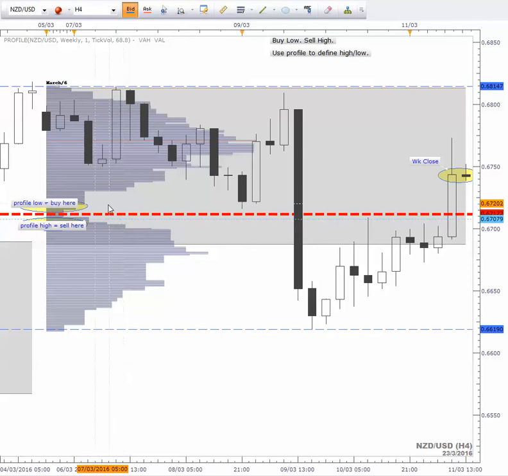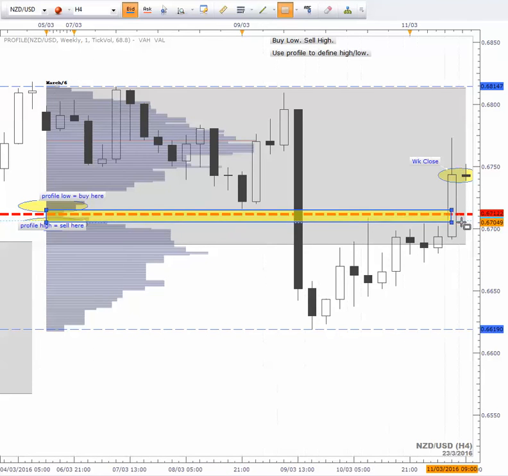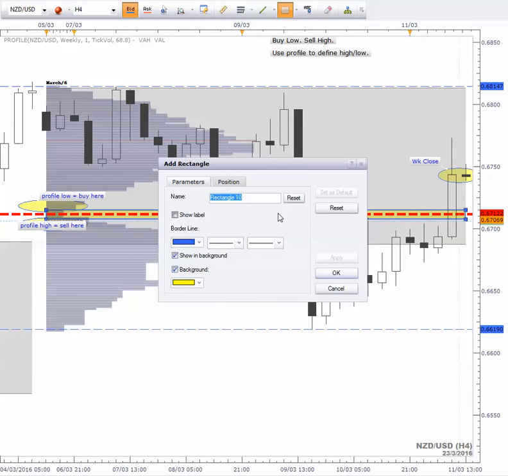This red line, I'm using the red line, which is a low as defined by this profile low.